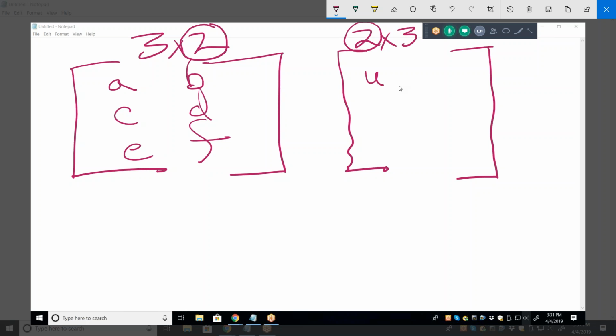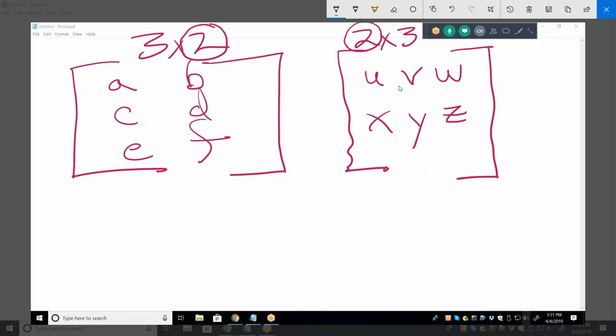So if I wanted to multiply that by a 2 by 3, well, let's call these U, V, W, X, Y, and Z. That's why it's a 2 by 3. It's got 2 rows. Yes, sir.